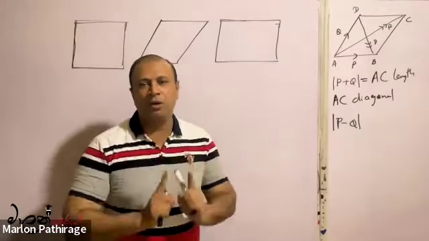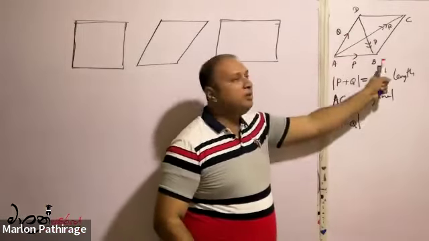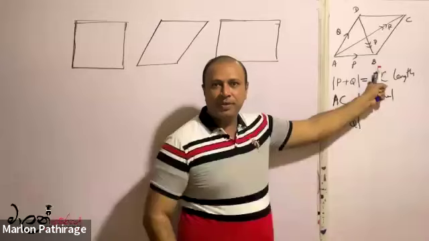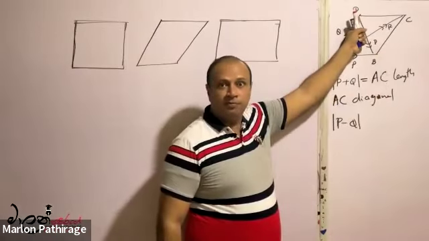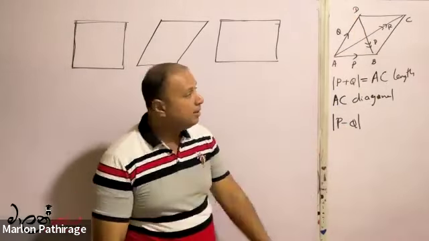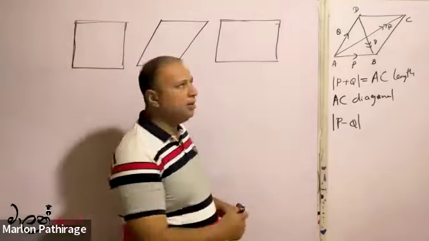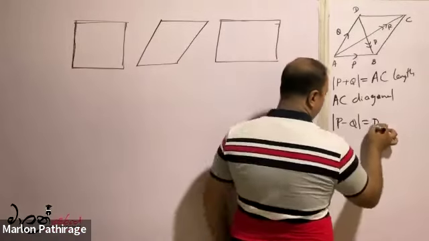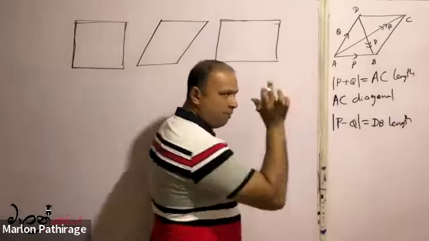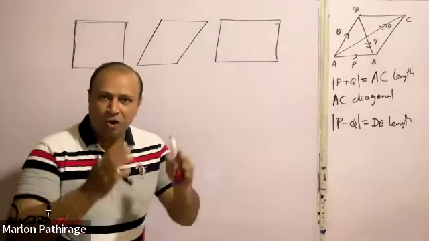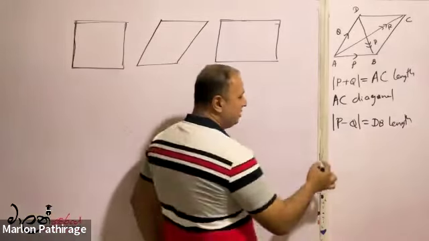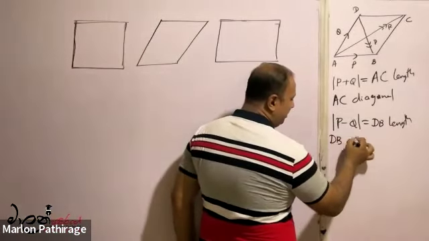The magnitude of the P minus Q vector means the DB length, because the P minus Q vector means DB. Therefore, P minus Q modulus means the DB diagonal.